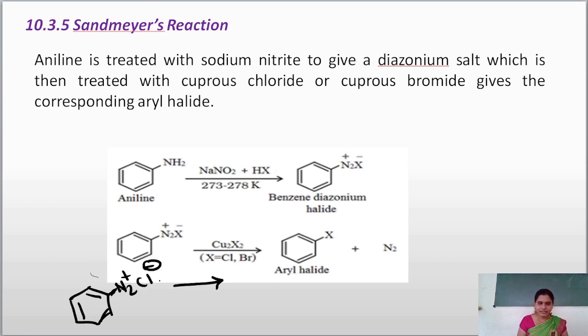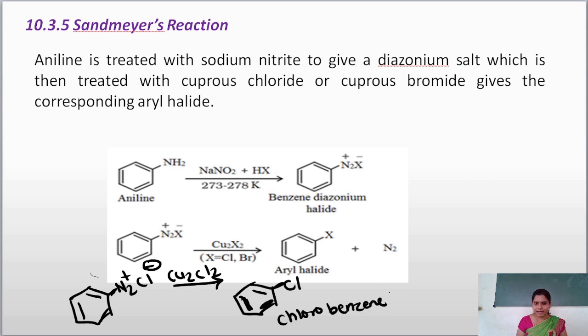This reacts with Cu2Cl2, that is cuprous chloride, and we get chlorobenzene as the product of this reaction, and N2, that is nitrogen, is the byproduct.